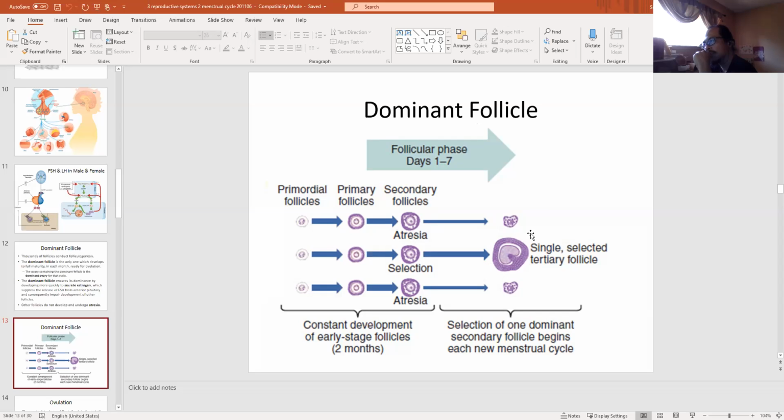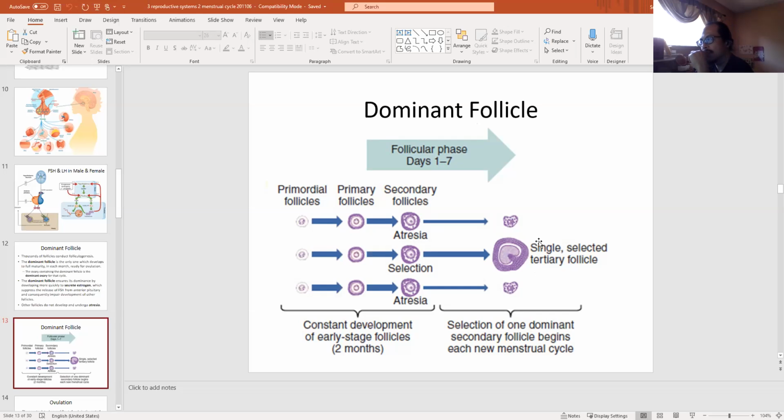It continues to grow into the tertiary or Graafian follicle, large enough to take all the nutrients. Because this one is way too big, the others don't have the nutrients, as all the resources are taken by this one.